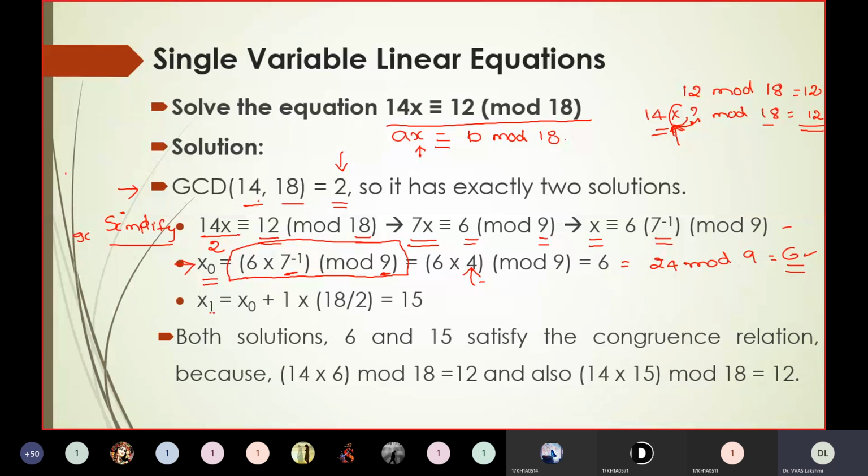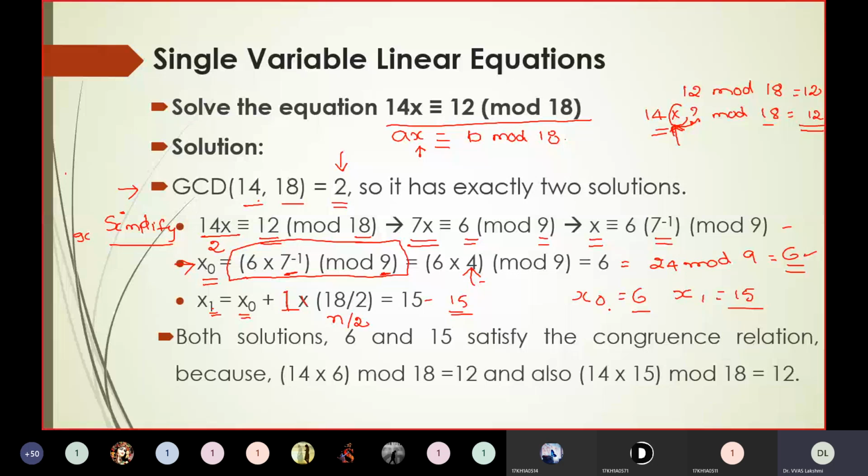So another solution: the first solution is x naught, the previous solution, plus k, an integer, times 18 by 2. 18 is n, and the number of solutions is 2, that is the determinant value. So this is the formula. Here we will get 15. So the first solution is x naught, that is 6. The second solution is x1, that is 15.